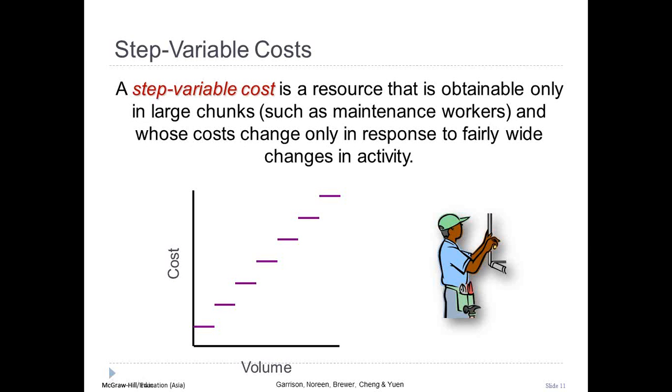Now, let's take it one extra step. It's very simple to say the world exists for variable costs and fixed costs, but the world is not that simple. So there's always more complicated approaches. Here's step 1 in the process. A stepped variable cost is a resource that can be acquired in large chunks, large portions, and they change according to volume.